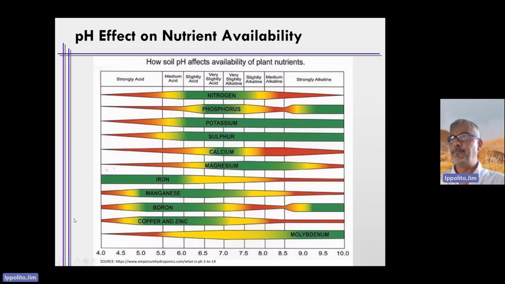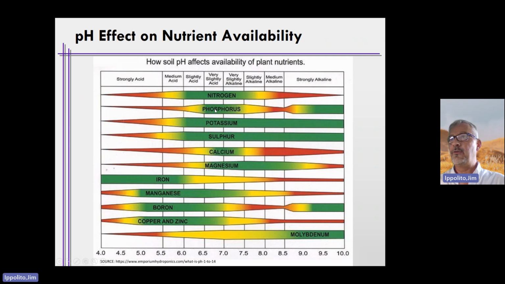So for example, nitrogen tends to be most available between 6 and not quite 8, say 7.7. And this is driven by microorganisms primarily. Phosphorus tends to be most available between about 6.5 and just a hair below 7.